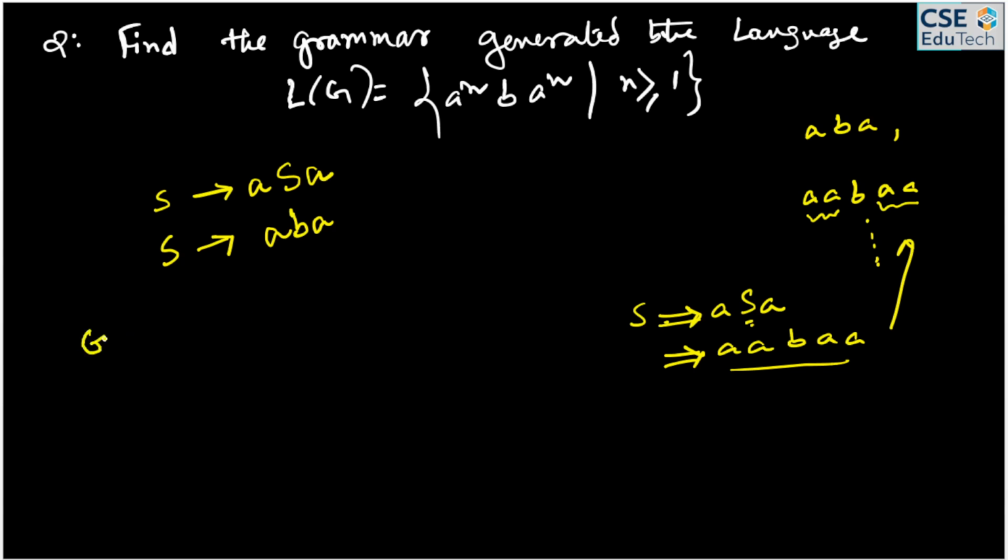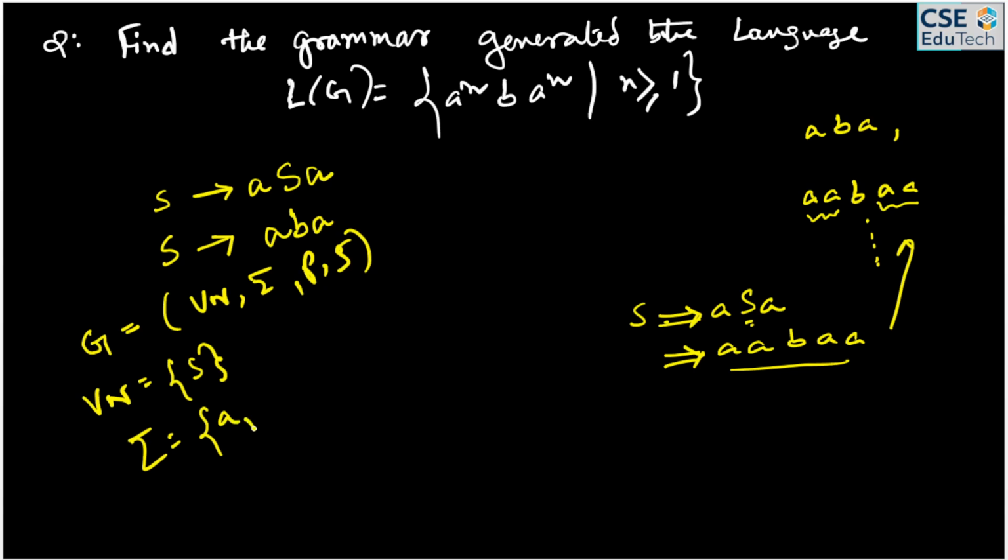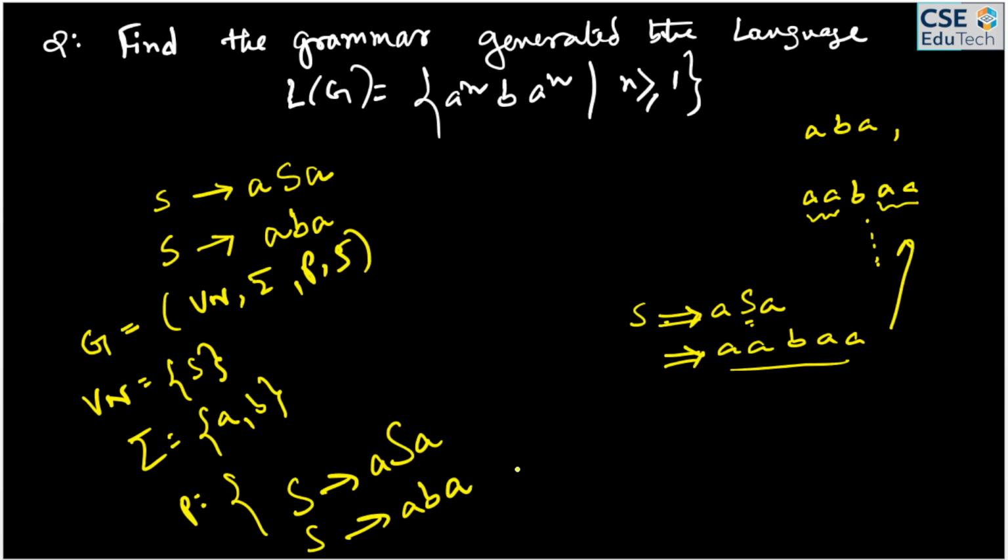The answer will be, the grammar will be G, where V_n, sigma, P, and S are the four tuples, where V_n is basically a single symbol S, and the terminals will be a, b, and whose production rules are basically S to a S a or S to a b a, where S is the start symbol.